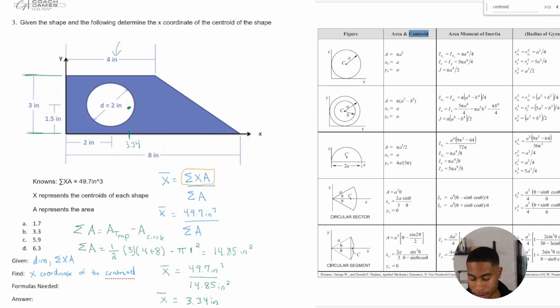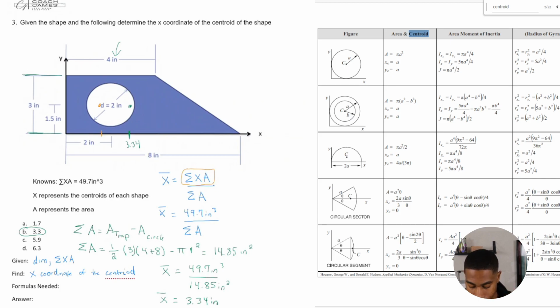We didn't have to solve for Y bar, but you just want to make sure that your coordinate makes sense, right? So it's going to be B. But looking at this, if we said the X coordinate is going to be at 1.7, our answer choice of A, well, we would say our centroid is probably about here, and to me, that doesn't look like the center of this shape.